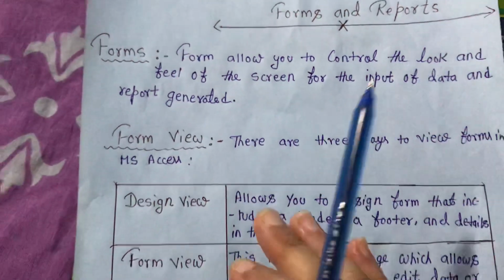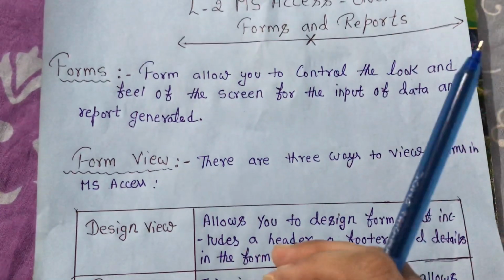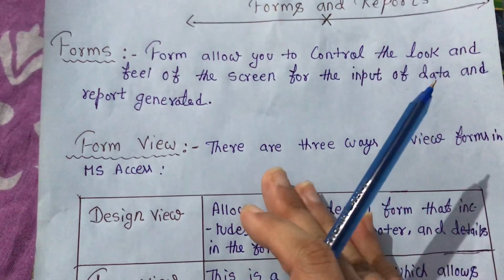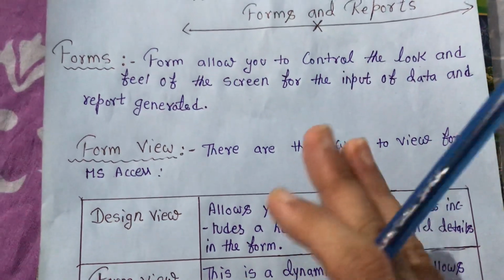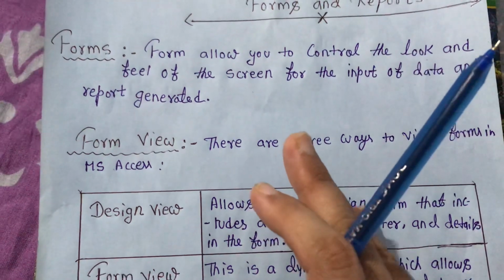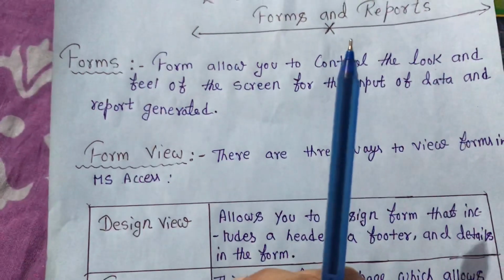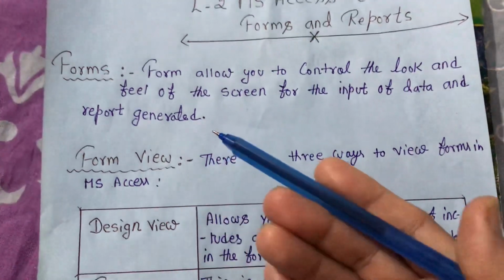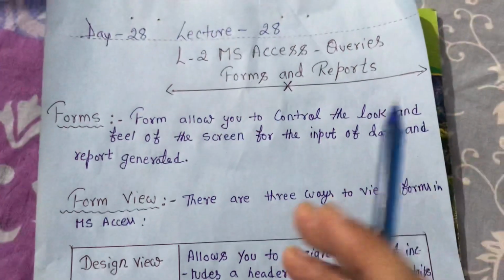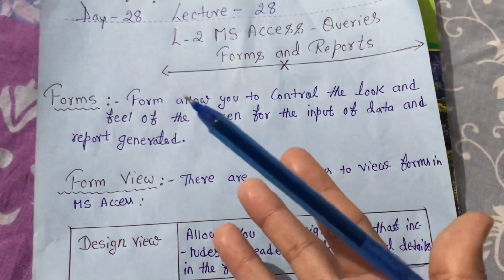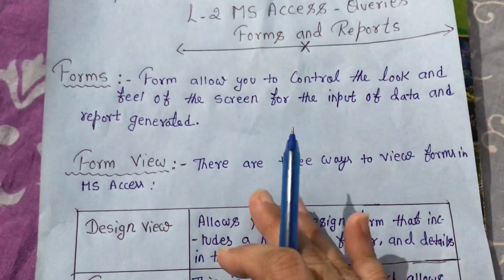Okay, students, a form in MS Access is a database object that you can use to create a user interface. And who are the users? We are the users, because we use all this data in the form of queries, forms, reports and tables.